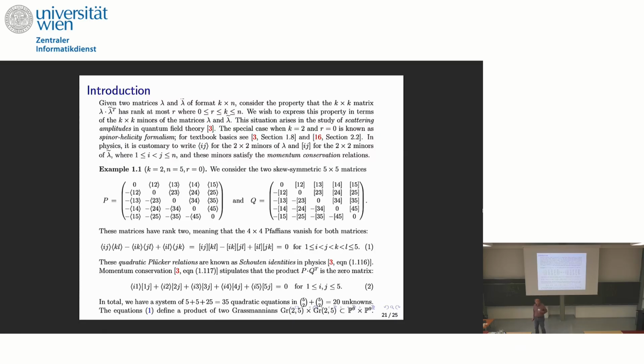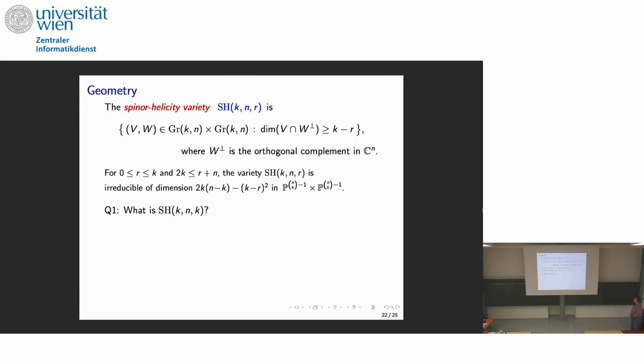In this case, it's a special case of a 2-step flag variety, very familiar to Melissa. And you take this 2-step flag variety and then you apply the Hadamard product operation. You multiply one kind of ij bracket by the other ij bracket. And this is a beautiful and somewhat mysterious parametrization of the Mandelstam variety.